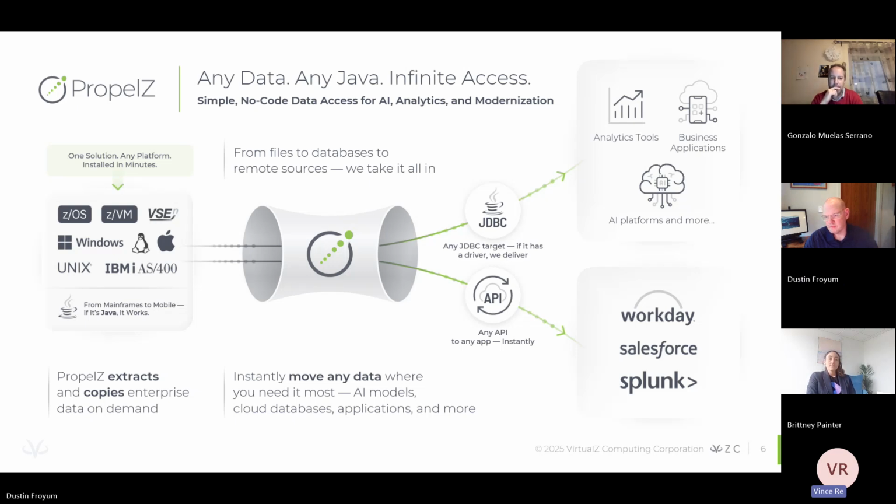If you want to change the column names or even the data types, we see mainframe, let's say a floating point number. Maybe you don't want to store it as a float on your target database. Maybe you want to store it as a character value. You get the ability to control all of that just by changing our configuration data. There's nothing in PropelZ that requires coding in any way, and that's what makes it so efficient to do.